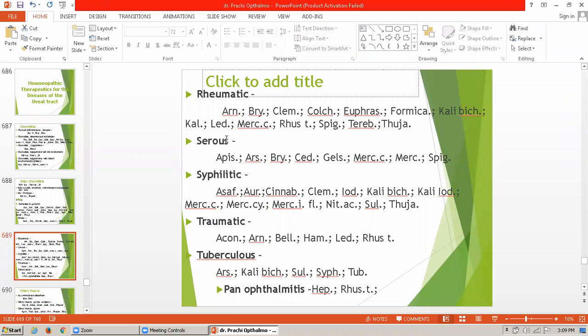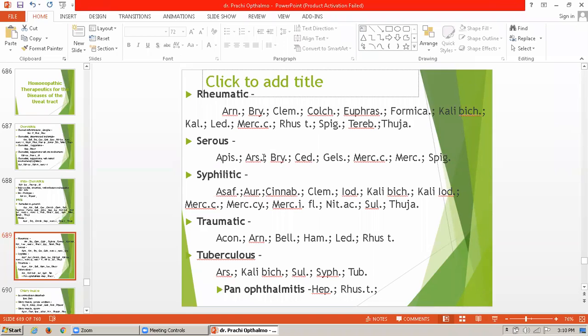For the serous iritis, Apis mellifica, Arsenicum album, Bryonia, Citron, Gelsemium, Mercurius, Spigelia can be used.